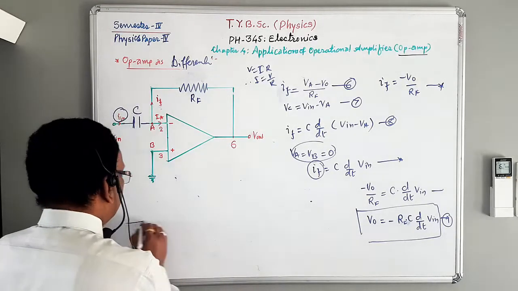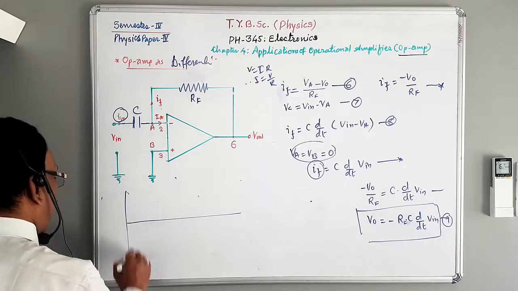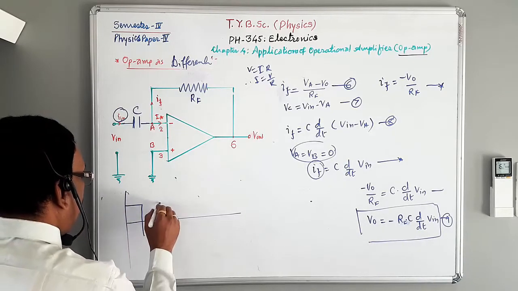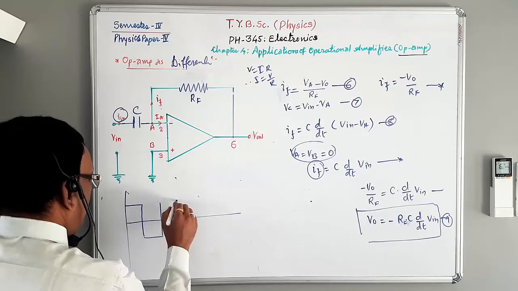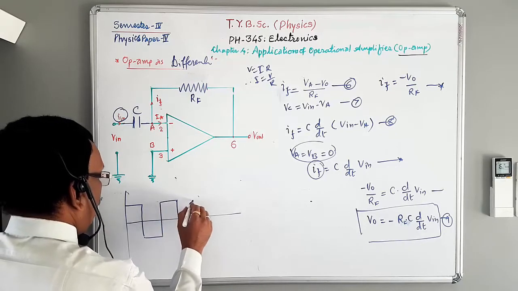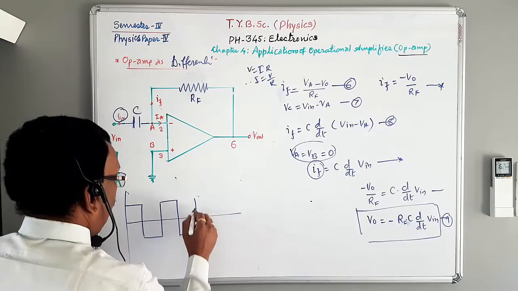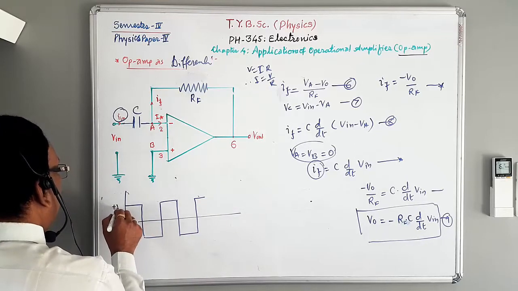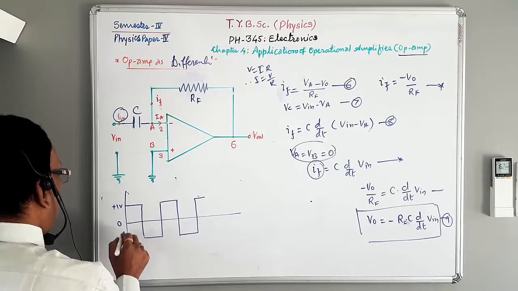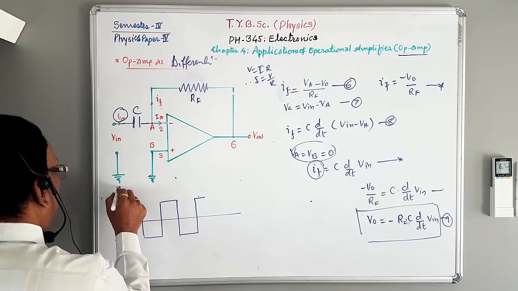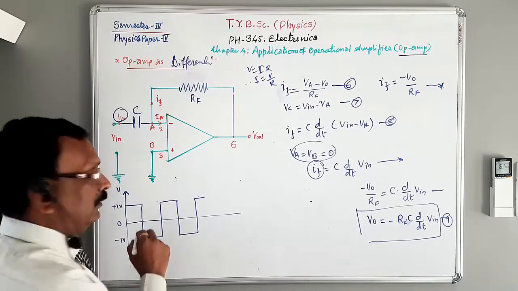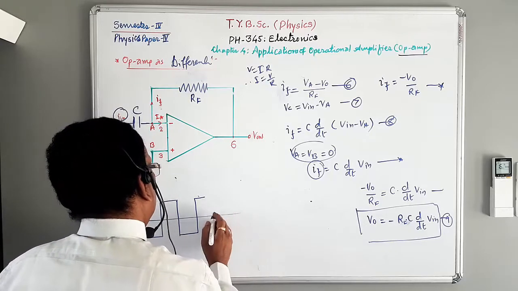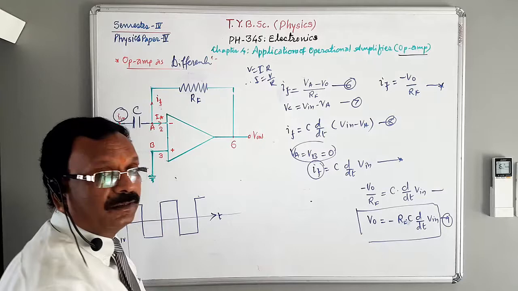Suppose this is the input waveform. Here this is 0, plus 1 volt, minus 1 volt. This is the V_in axis on y, and this is the time axis.